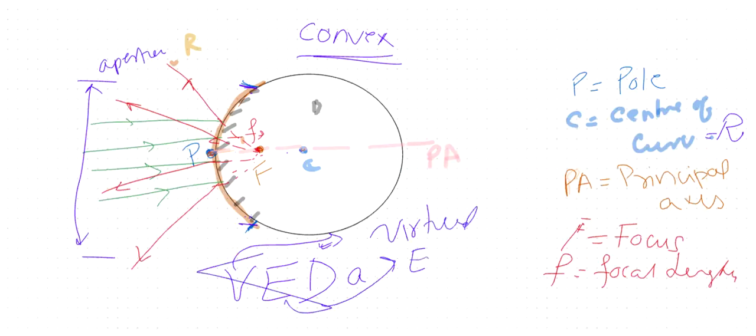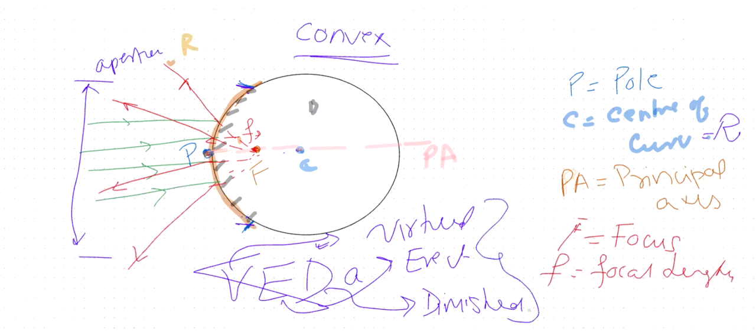Diminished means smaller in size than the actual object. No matter where the object is placed, the image formed will have these three characteristics: virtual, erect, and diminished.